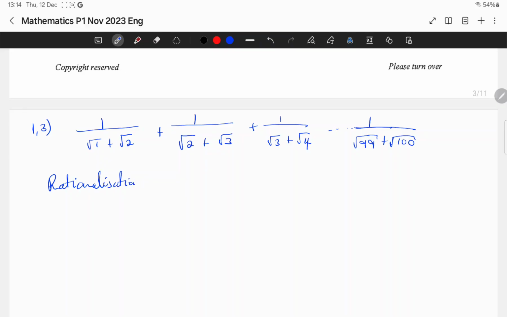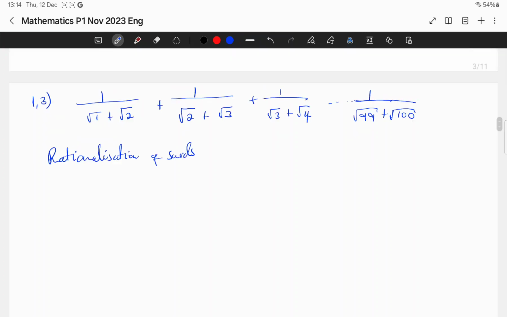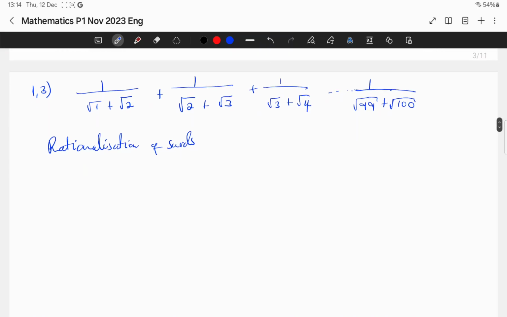Rationalization of surds. How do you simplify this? So simplify this by rationalizing, and you note that if you rationalize this by multiplying by just the value itself, you have a squaring, and there's going to be a square root term in the middle.